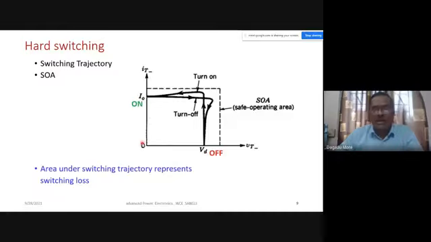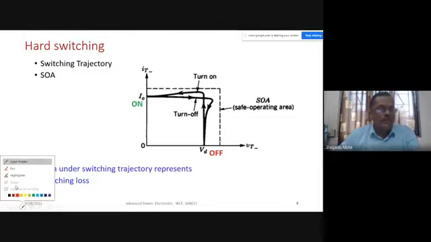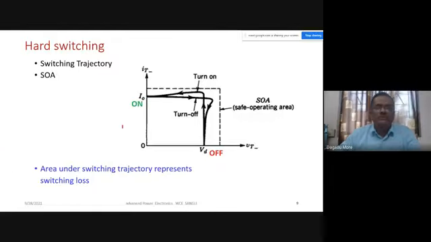Our x-axis is the voltage, y-axis is the current. So this is a point we can represent here: the switch is on.